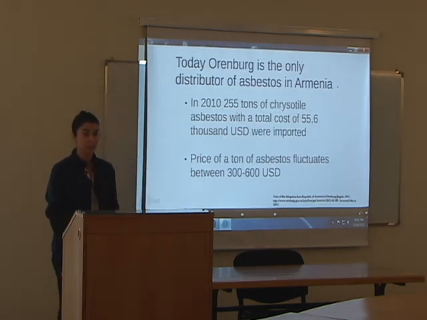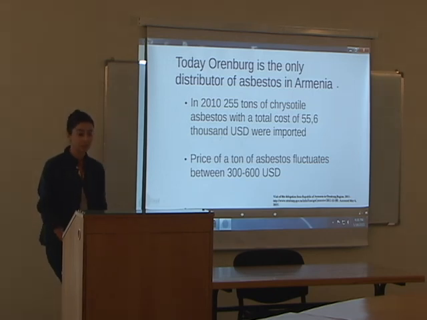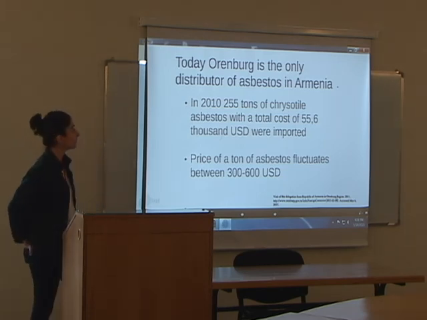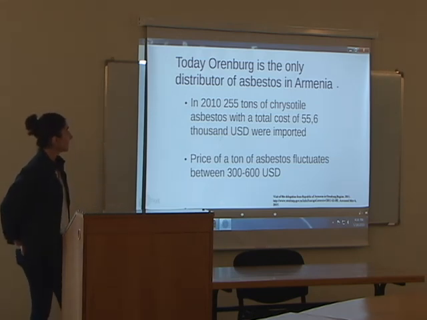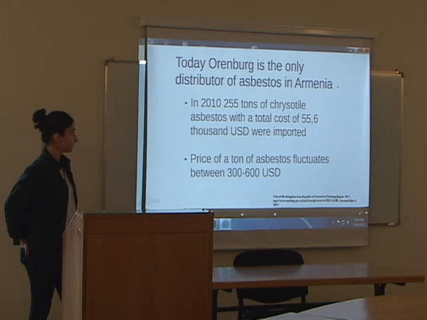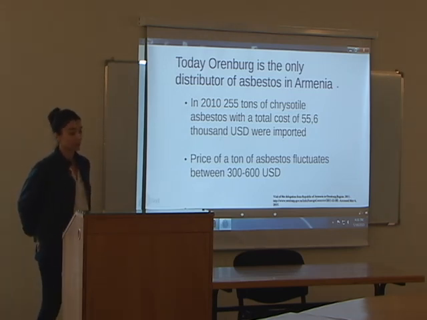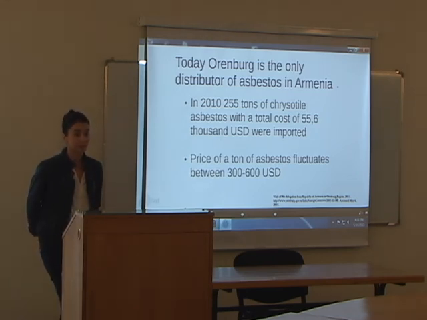We were interested where Armenia gets this asbestos. During the Soviet era, Armenia was importing asbestos from Kazakhstan and Orenburg, but now we learned from different sources that the main source is only Orenburg. In 2010, 255 tons of chrysotile asbestos with a total cost of $55,600 were imported.